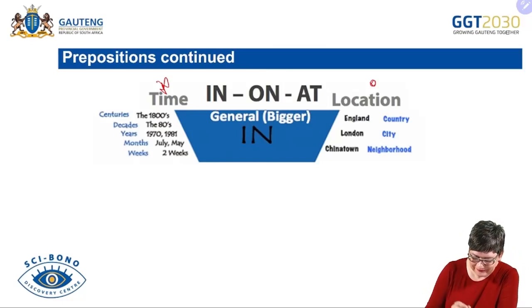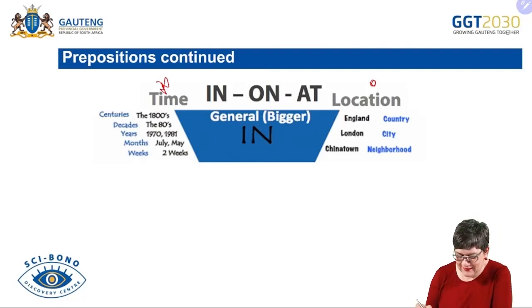We use in when we're talking quite big time: centuries, decades, years, months, weeks. Locations, we're talking about countries or cities or a neighborhood, a huge area. Then we'll use the preposition in.